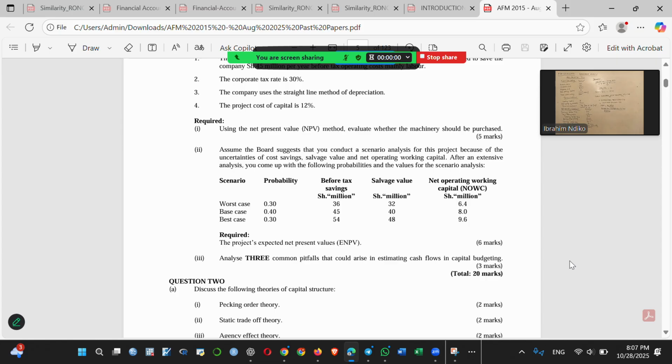Using sensitivity analysis. Number 8. So what you do below this question is take a method of evaluating risk. Methods of evaluating risk, then you list them.